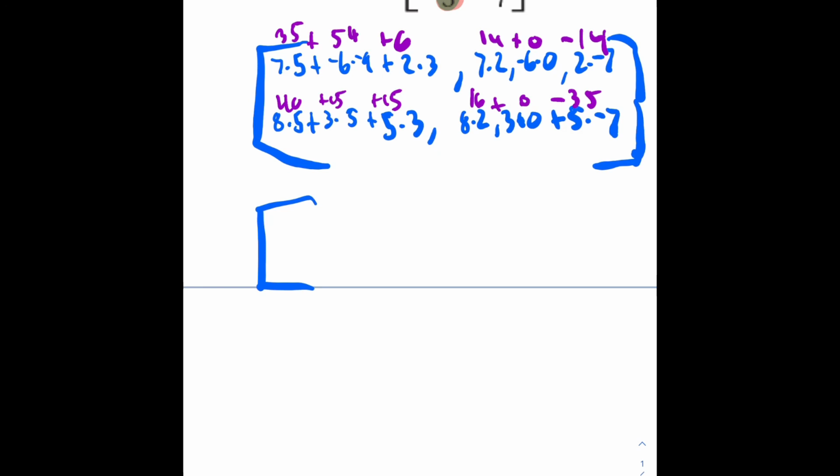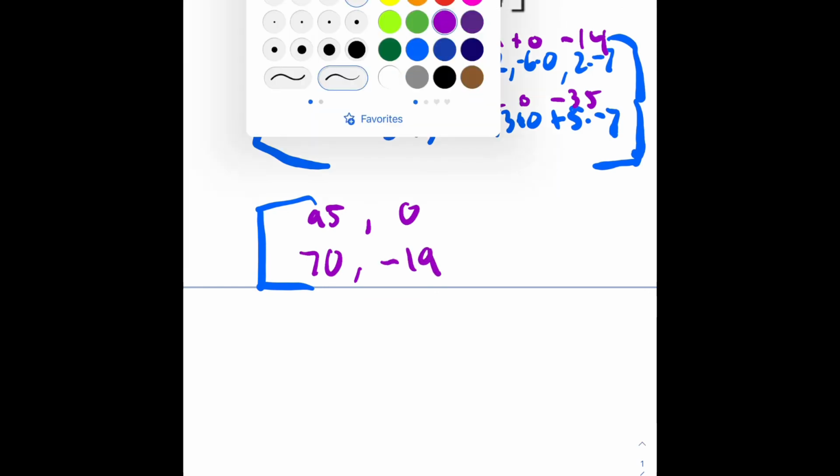So you're probably going to want to use a calculator to help you simplify this. 35 plus 54 plus 6 is 95. 14 plus 0 minus 14 is 0. 40 minus 27 plus 15 is 28. And 16 minus 35 is negative 19.